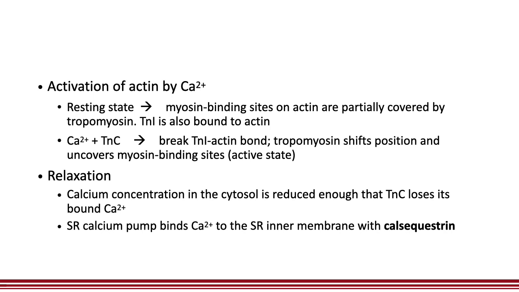Okay, so once calcium is released, it will bind to troponin. Troponin will change the conformation of the troponin-tropomyosin complex. They will hide, and instead, actin will be exposed and will be free for interaction with myosin to facilitate contraction of the muscle.